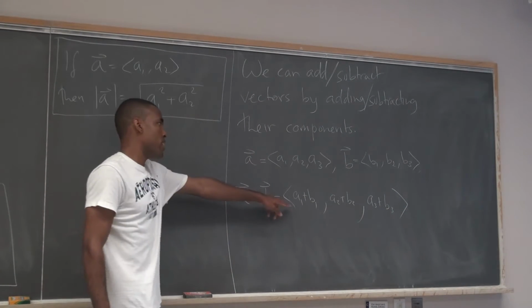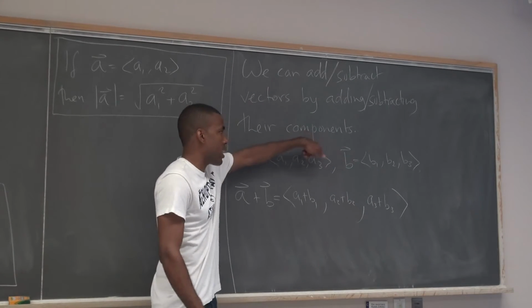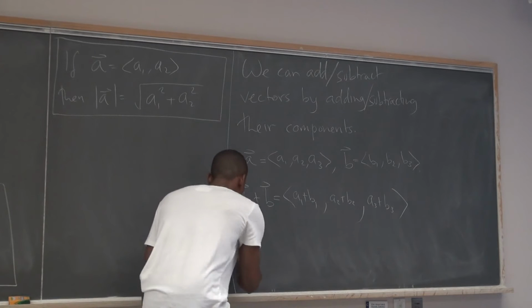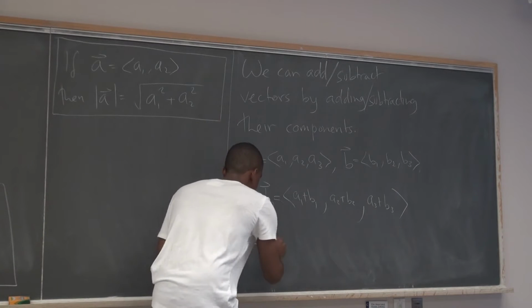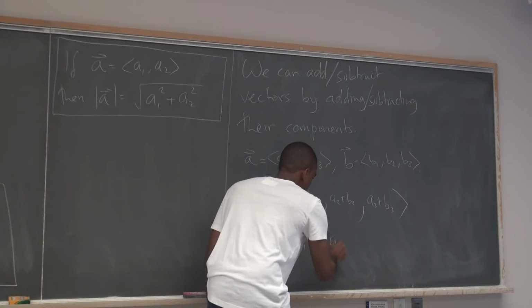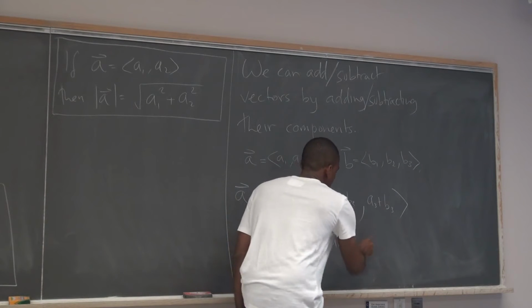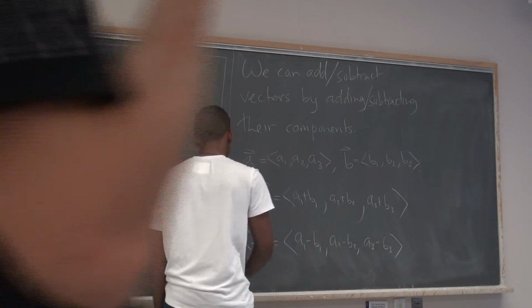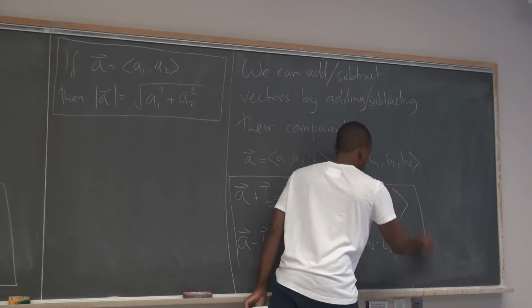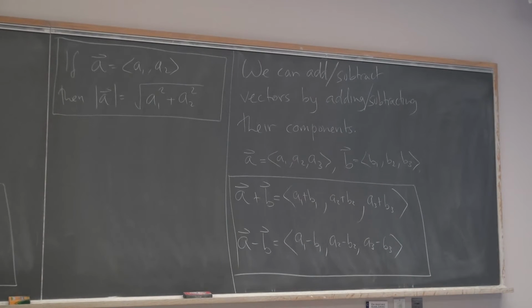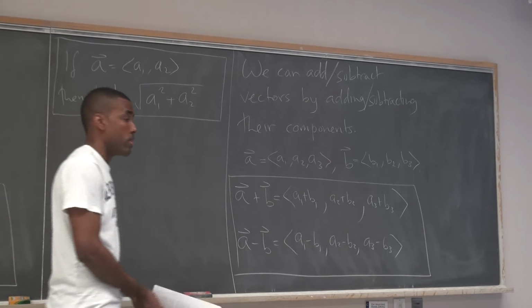And this will be the vector that, if you attach this guy to that guy and draw that, it will actually be that guy. Or A minus B: A1 minus B1, comma, A2 minus B2, comma, A3 minus B3. So if you know your vectors as components, you can add or subtract the components to add or subtract your vectors.